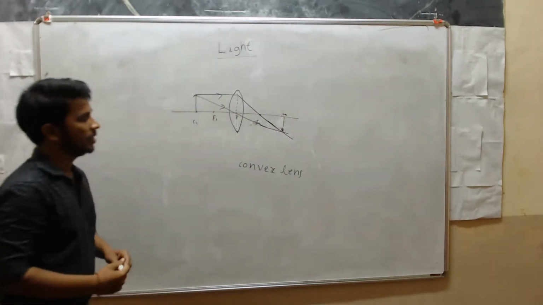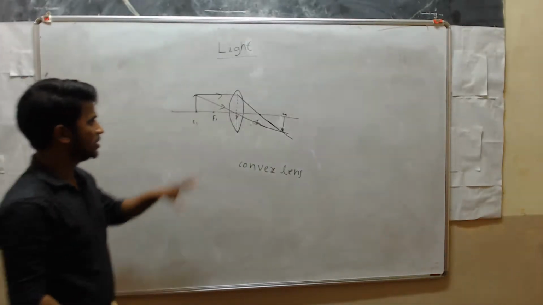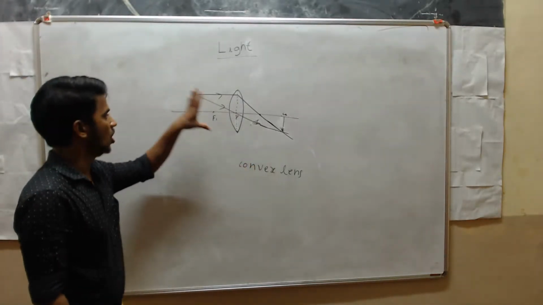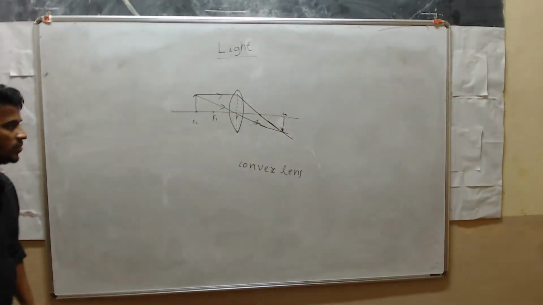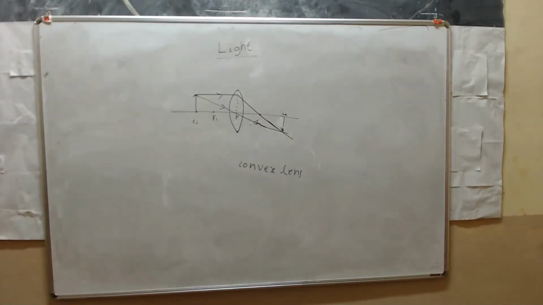Next, what about size? Same size. Here the object size is equal to the image size. Then what is the nature? The nature of the image is real and inverted.